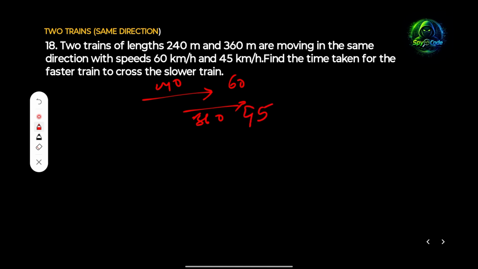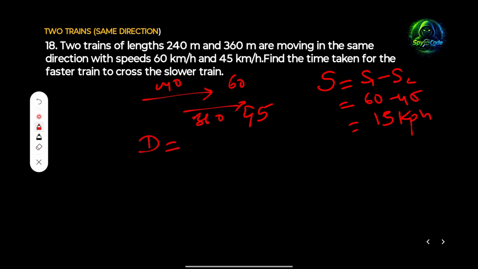We know that when two trains are moving in the same direction, speed is S1 minus S2. So 60 minus 45 is 15 kilometers per hour. Now what will be the distance?